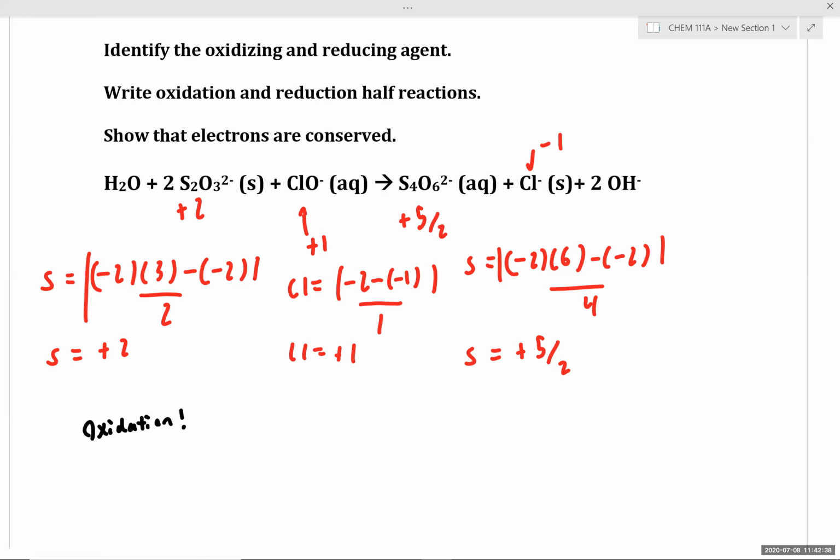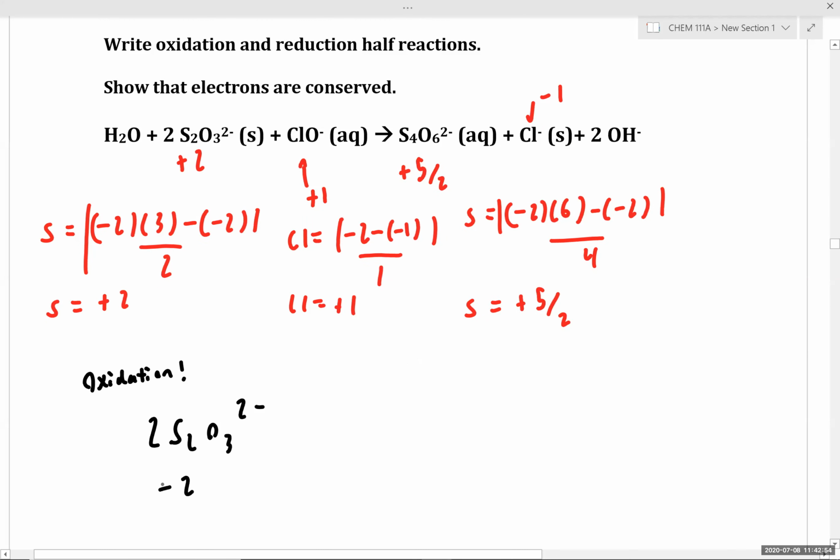Which species is having an oxidation number that's becoming more positive? Sulfur, yep. For sulfur, we're going from S2O3 2 minus, so we went from +2 to S4O6 2 minus, which is +2.5.